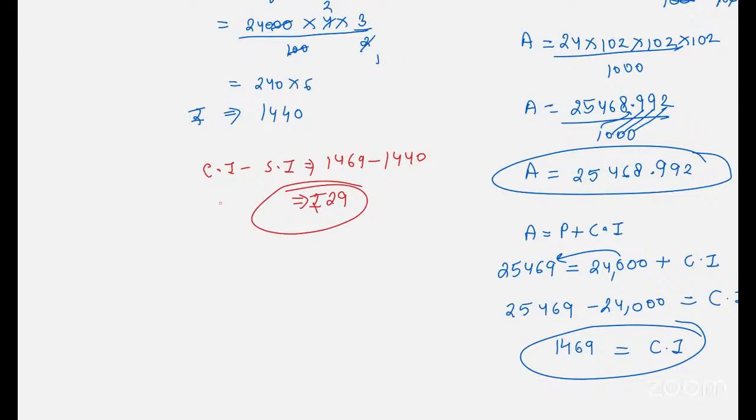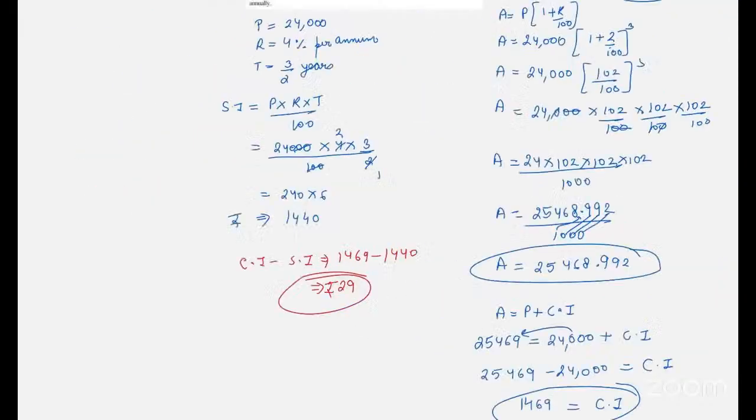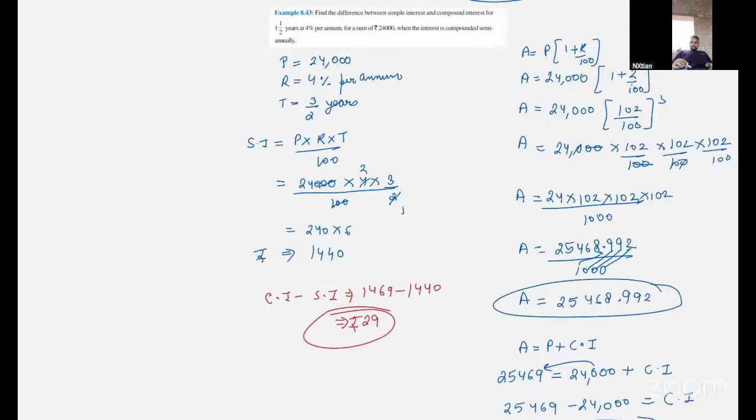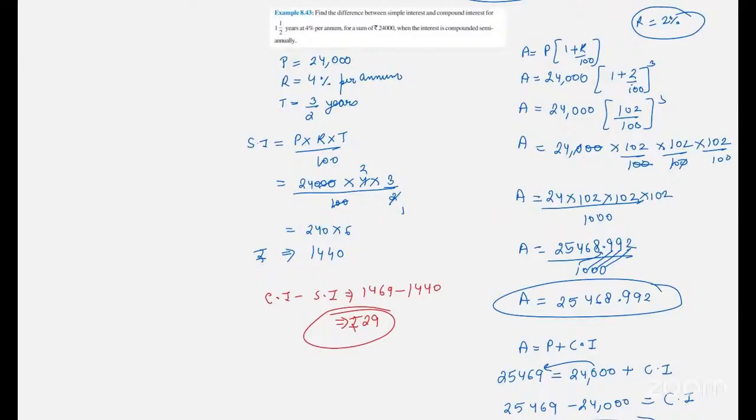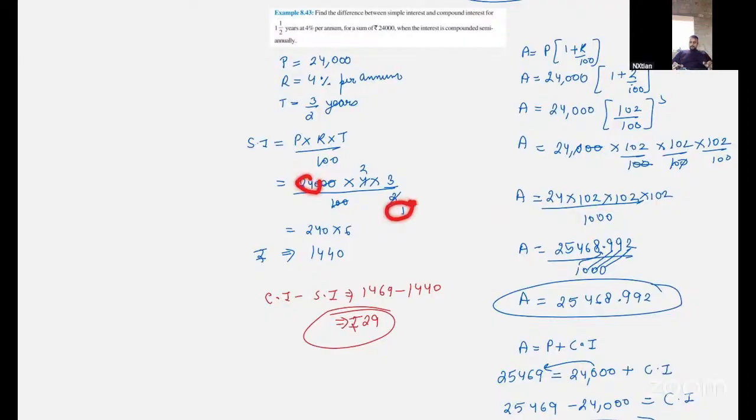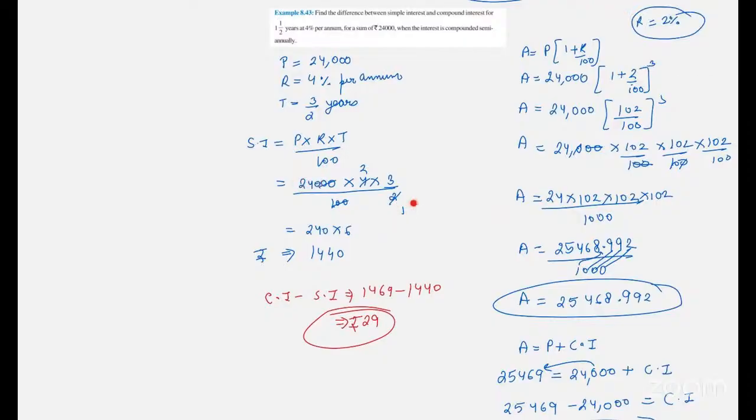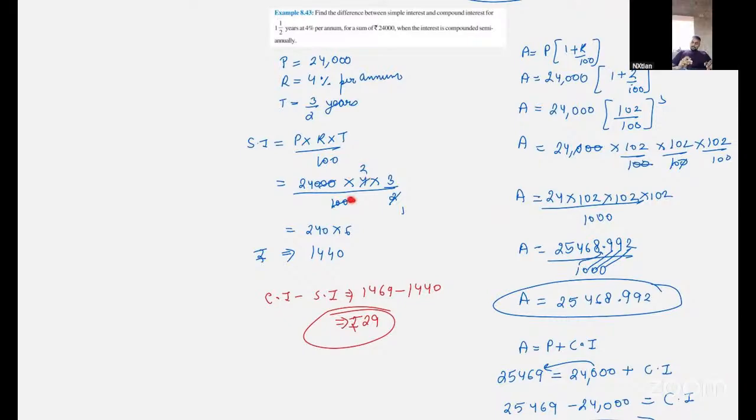In the SI part, P into R into T by 100, like 24,000 into 4 into 3. So you cut a 2 and made it 1. Then the 4, you cut into 2. No, see, the two zeros are there.